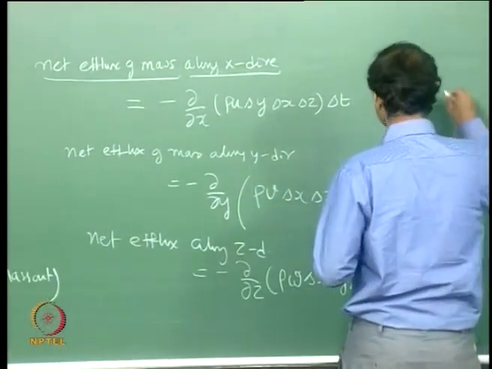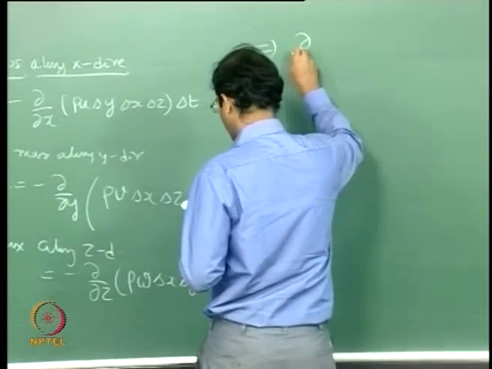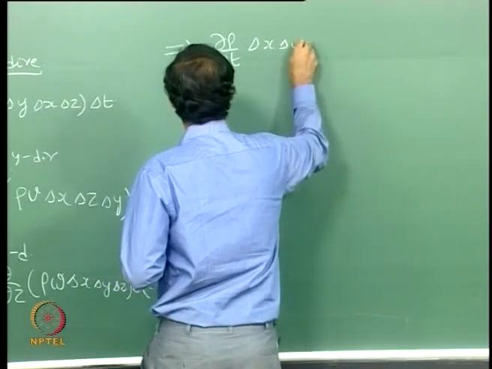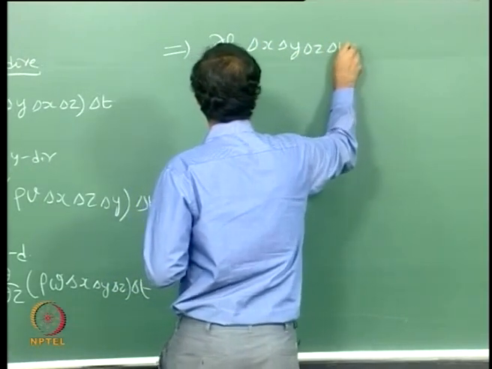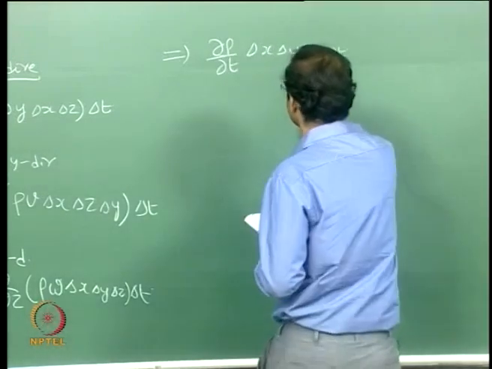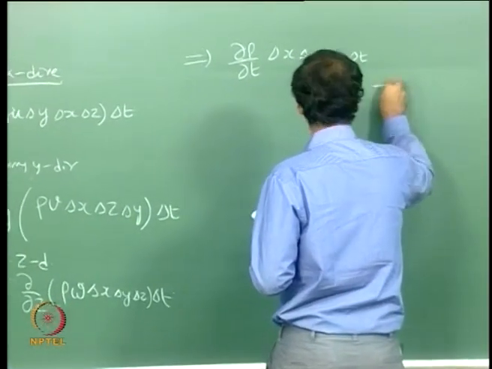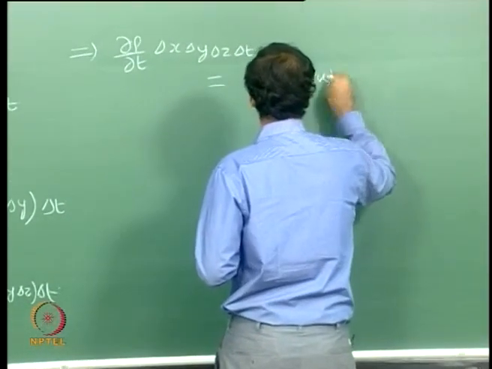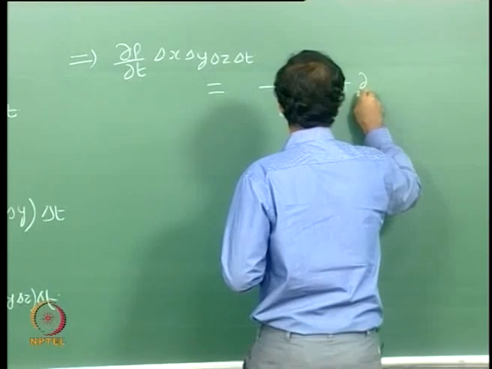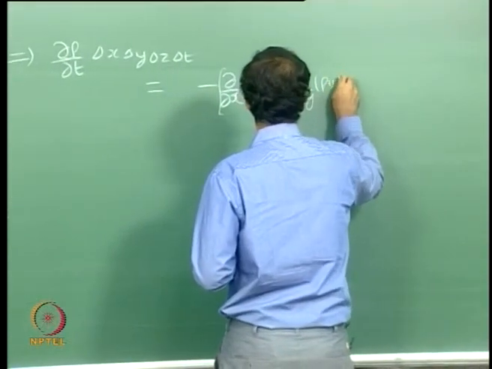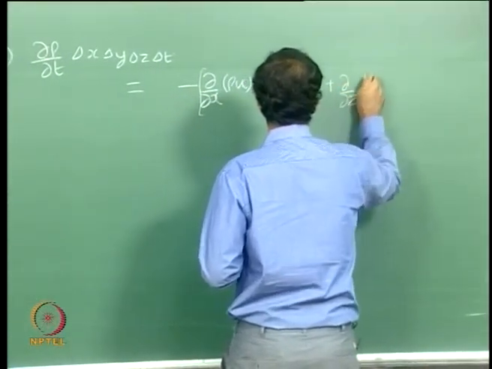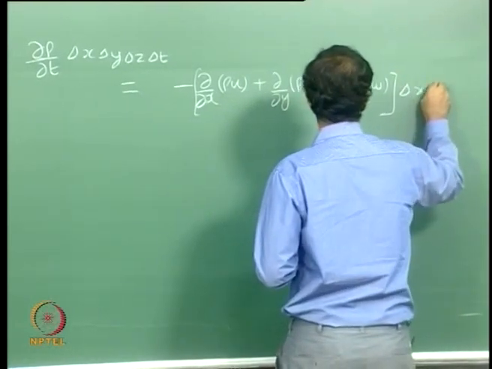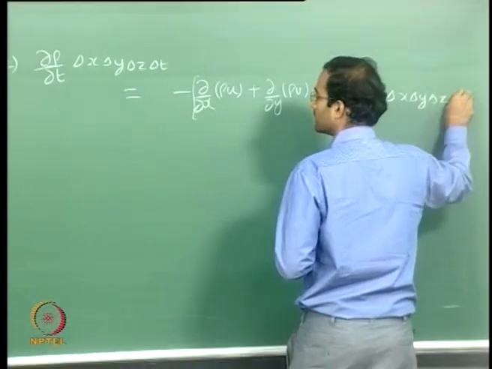So that should give me d rho by dt into delta x, delta y, delta z, delta t on the left hand side, is equal to minus d by dx of rho u plus d by dy of rho v plus d by dz of rho w, multiplied by delta x, delta y, delta z, delta t.